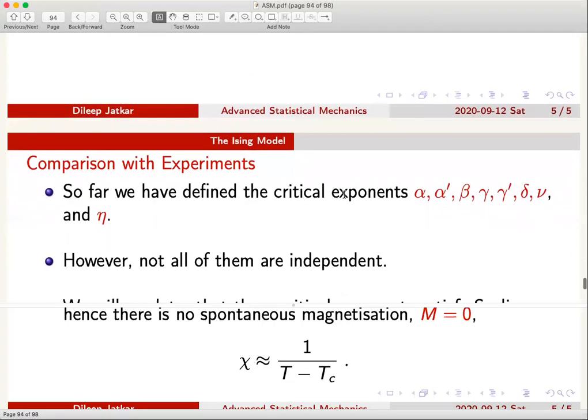Now at least the way I introduced all these critical exponents, they look like independent quantities, and one needs to determine all of them so that we can get a good description of the system. But that is not actually true, in the sense that not all of these critical exponents are independent. There are some relations between these critical exponents, and we will talk about them later.